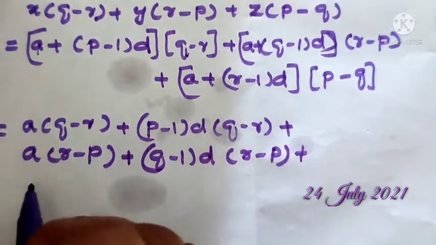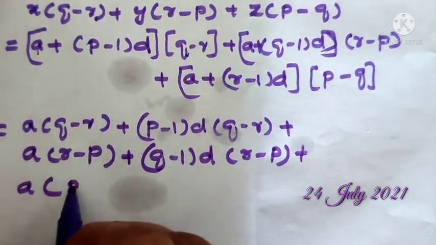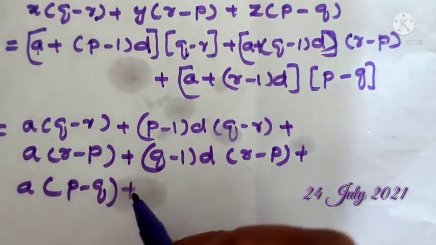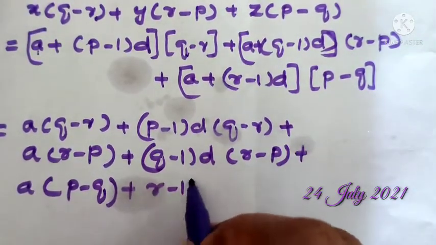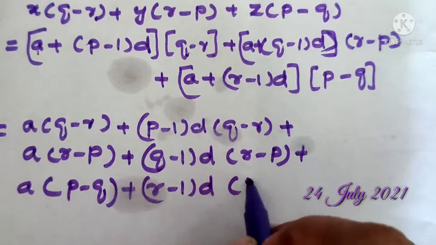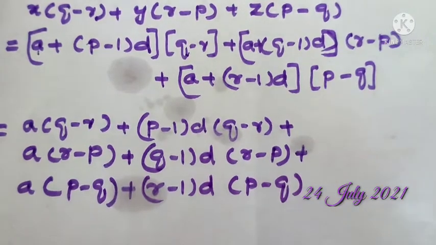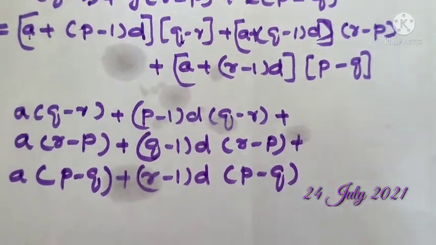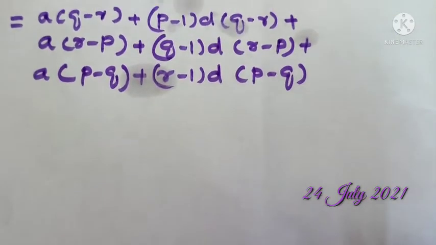Again the last term A into p minus q plus r minus 1 into D into p minus q. I have written one below the other for easy understanding only, otherwise it will take time.